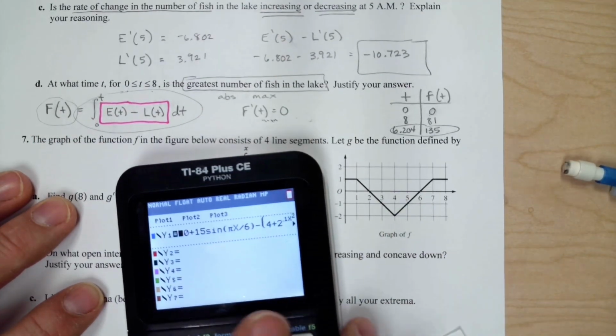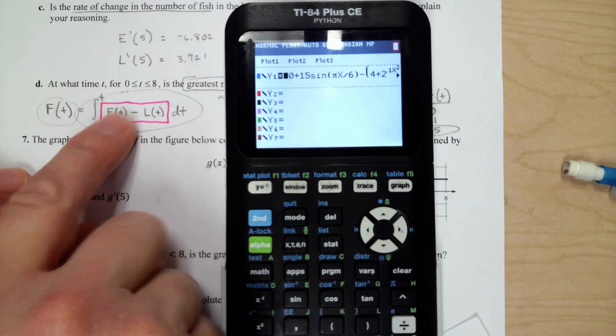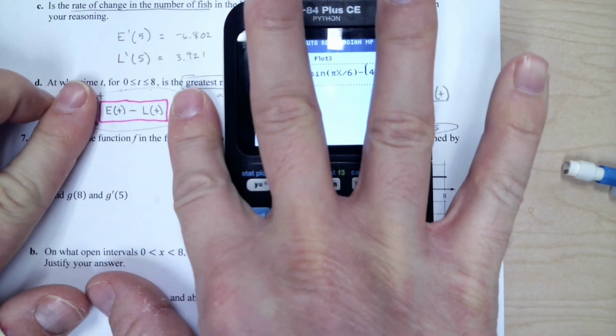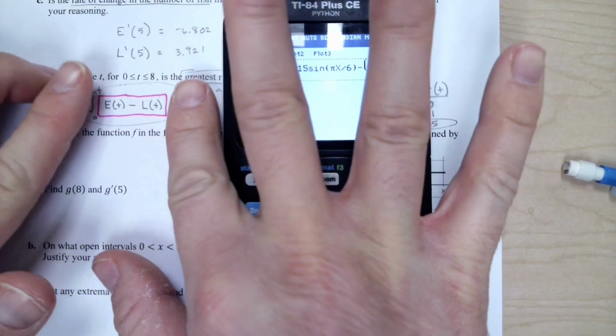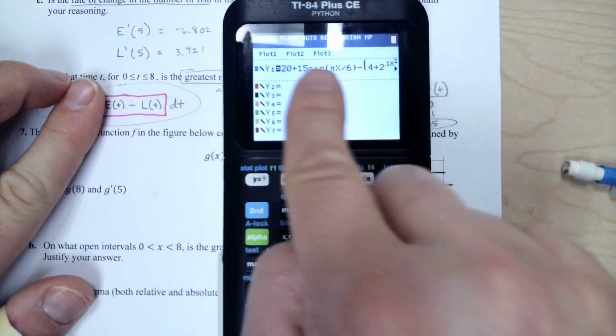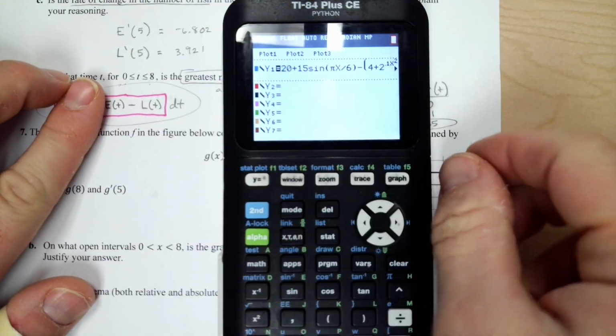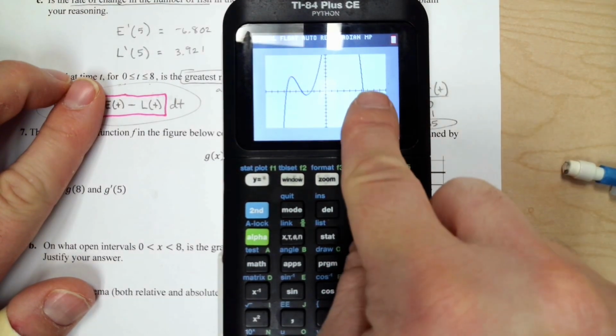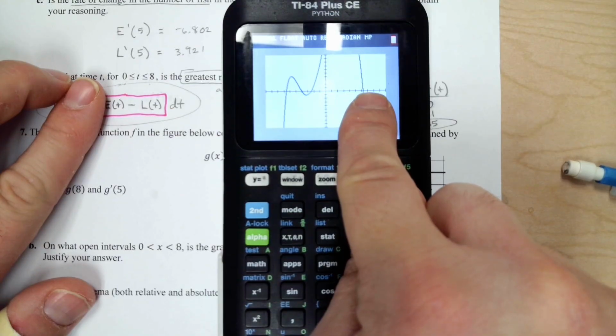So if I go to y equals, and according to the second fundamental theorem of calculus, that pink box is the derivative. So if I just take that, okay, there it is, and set it equal to 0. So find the roots, find the intercepts. That's a critical value.